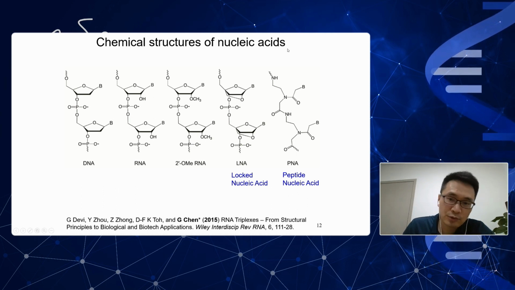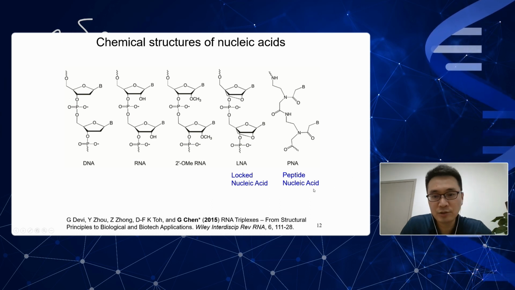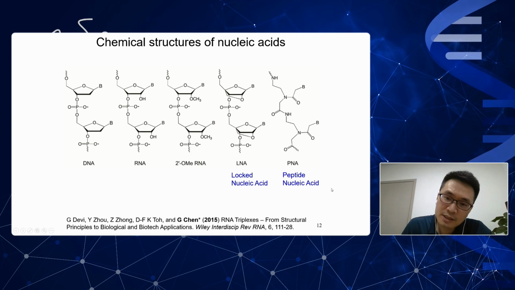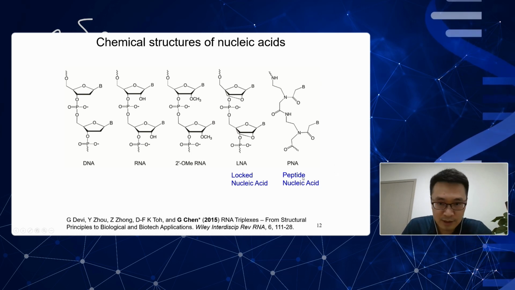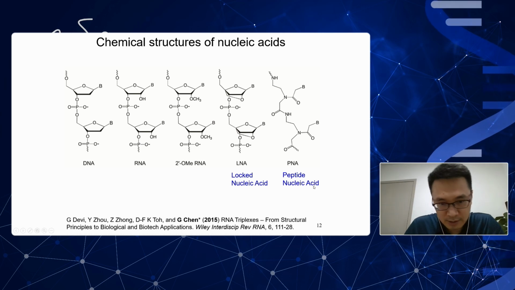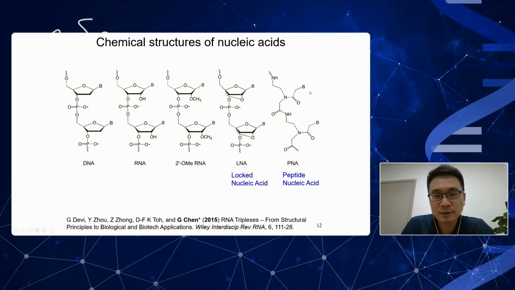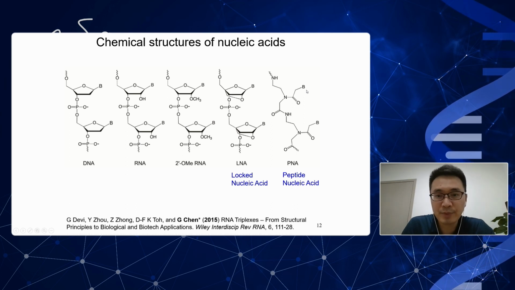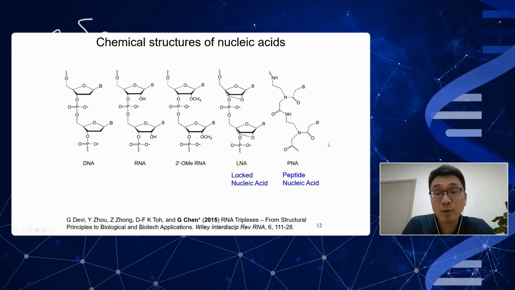So with them, we started to use this so-called PNA molecule. PNA stands for peptide nucleic acid. Actually, this is not an acid molecule. As you can see, there's no acid group in this molecule. Here the letter B stands for the different nucleobases that are attached to the backbone.